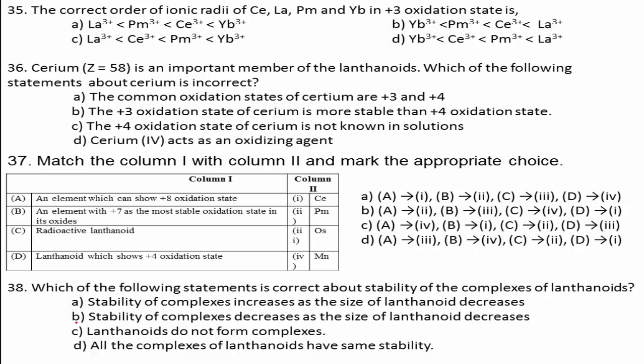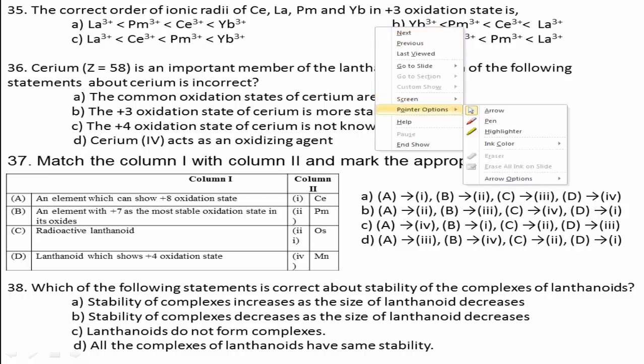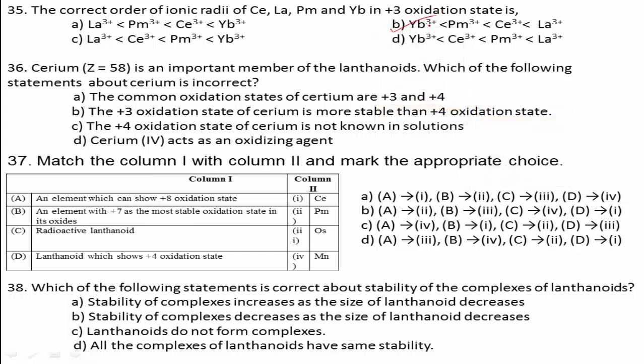Therefore, the correct order of ionic radii is B. The answer for this question is option B.